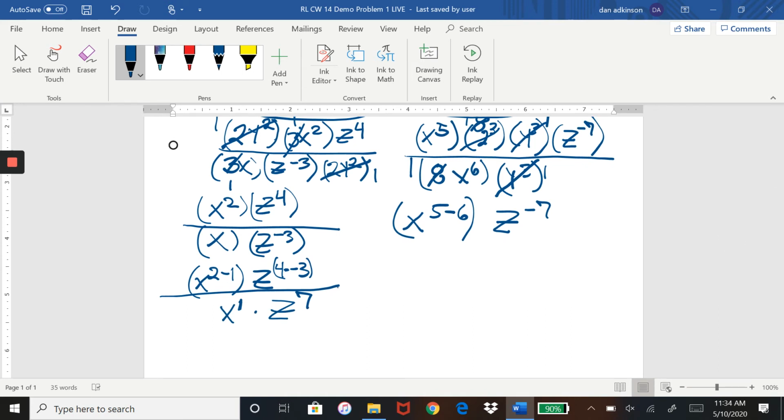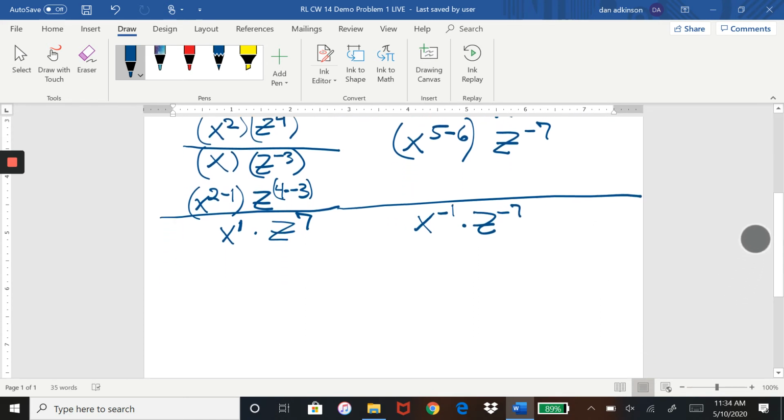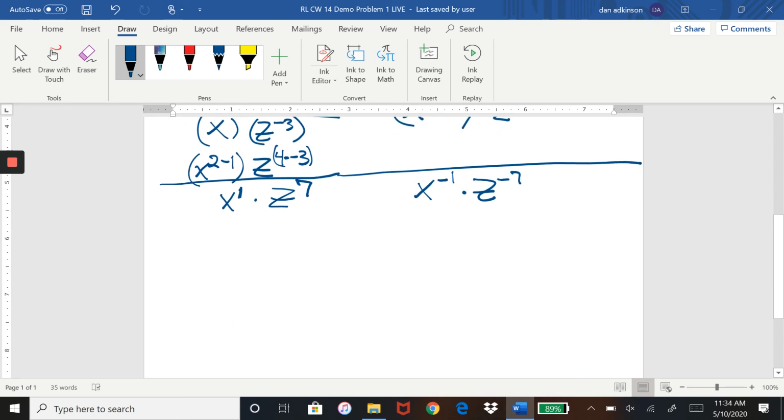So that becomes, we'll write it down here so we're mirroring this other side, x to the negative 1 times z to the negative 7. Now, there are two different ways we can solve this, and we're going to do it both ways. The first is I'm going to use the product of powers rule. So this is going to be x to the 1st times x to the minus 1st.